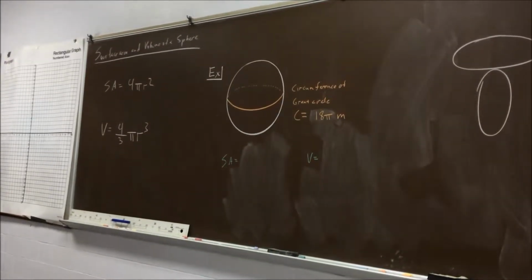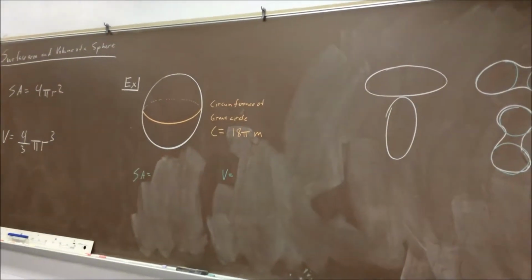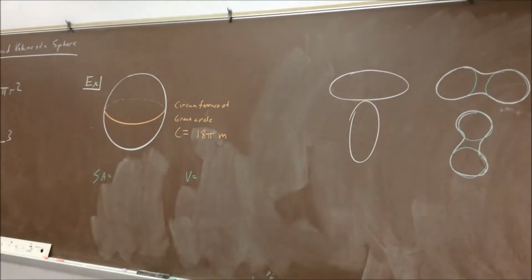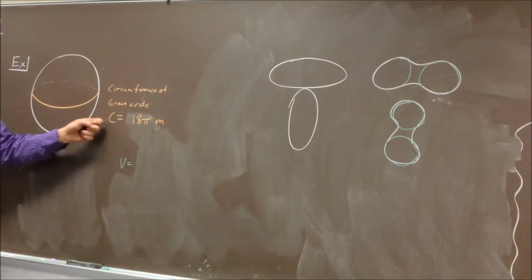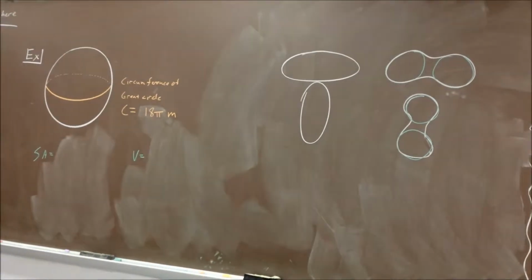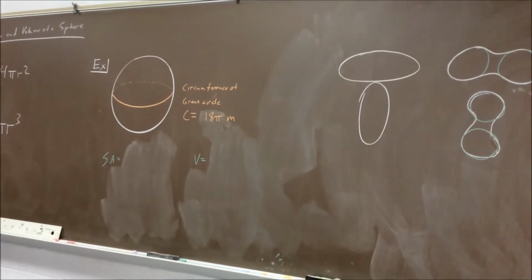With your teammates right now, take about 10, 15 seconds. Find the circumference of that great circle. Go backwards and find the radius of this thing. And as soon as you're done with that, find the surface area of that sphere. Go.